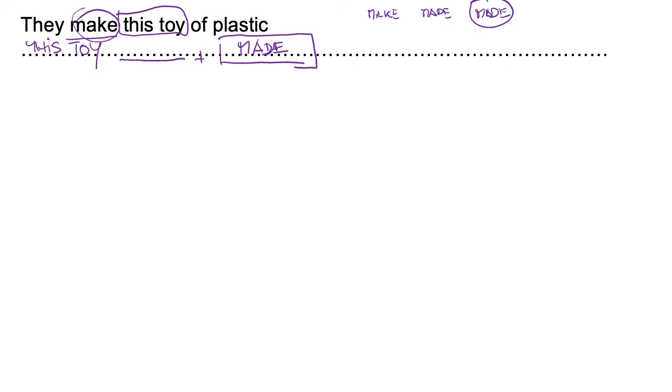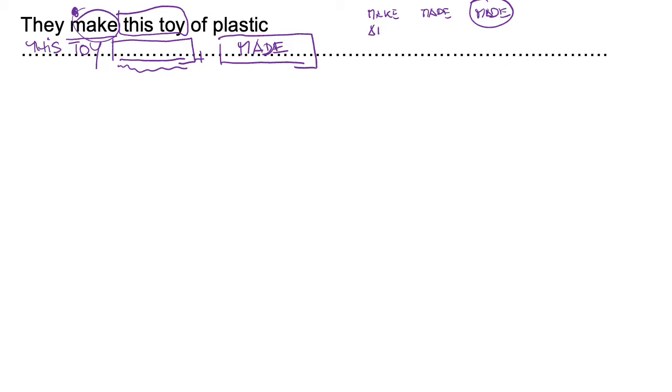And next step, I have to write the verb to be and the rest of the gaps, in this case here, exactly in the same tense that this verb is in the active sentence. So they make, I make, you make, he makes. We're talking about the present. So I have to write the verb to be here in the present. Alright, I am, you are, he is, it is, and I have to choose the correct form.